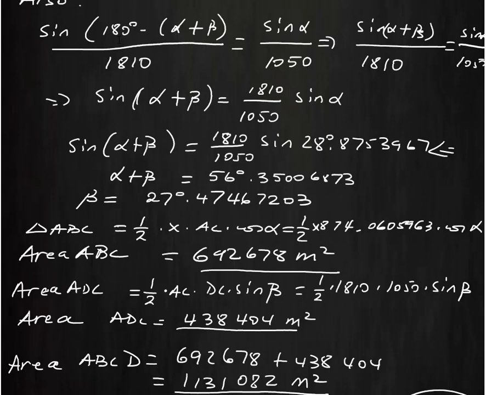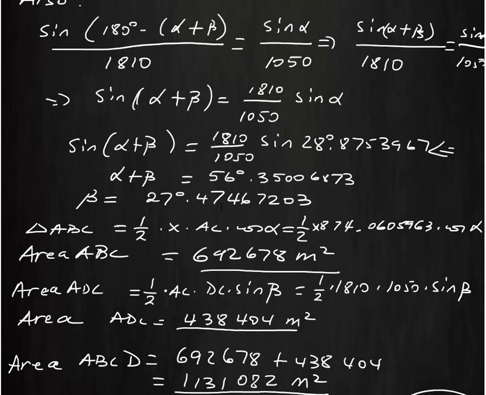Otherwise, but we know that sine of 180 minus alpha is sine alpha. That means sine of (alpha plus beta) over 1810 is equal to sine alpha over 1050. Otherwise, sine of (alpha plus beta) is 1810 over 1050 times sine alpha. That means alpha plus beta is 56 degrees and something.